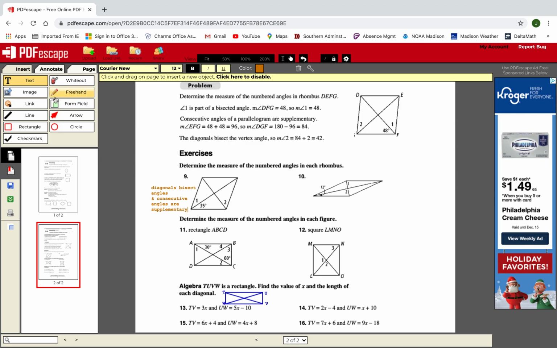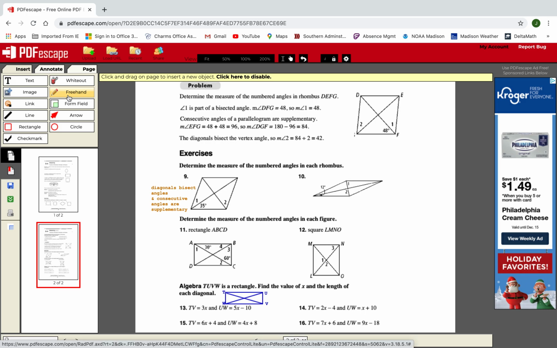So we're going to use that information here and work things out. Angle 1 must also be 35 degrees, which means this whole angle here is 70. So this is 70, which means this one is going to be 180 minus 70, or 110.